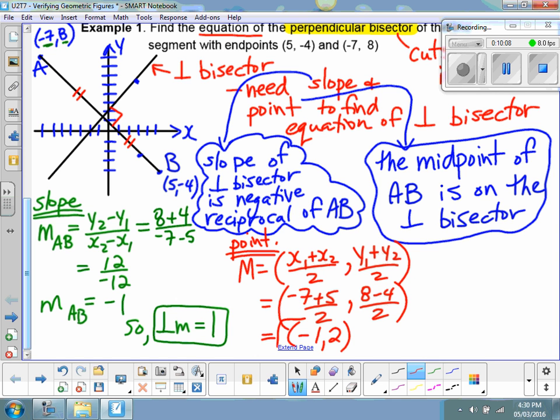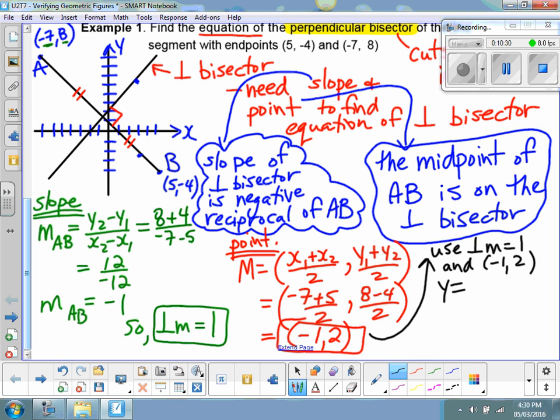Now I've got a point and I've got a slope, so I'm going to try to fit that in. I'm going to use my perpendicular slope, which is equal to 1, and the point negative 1, 2.